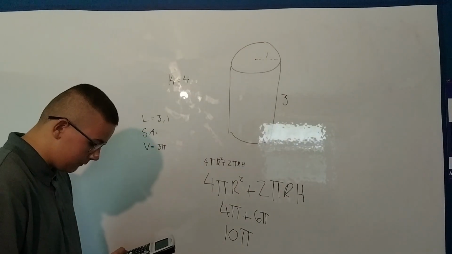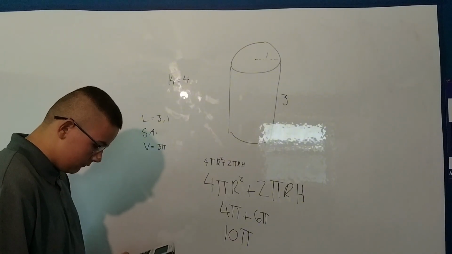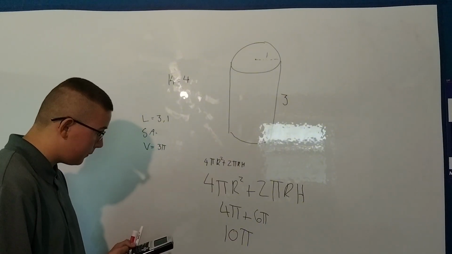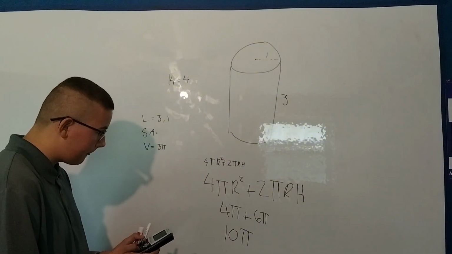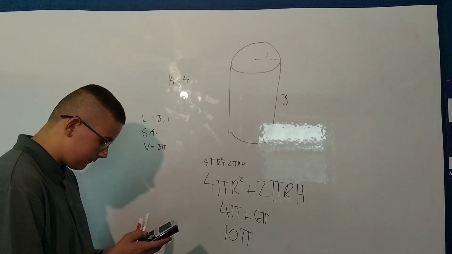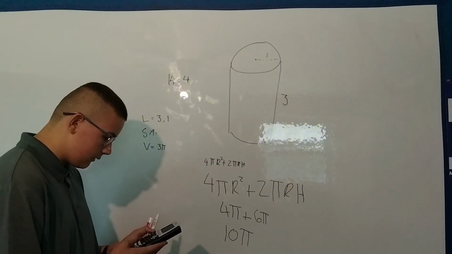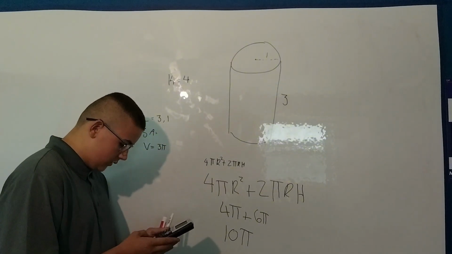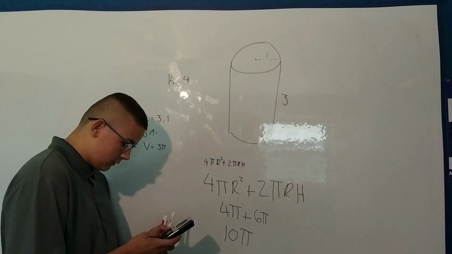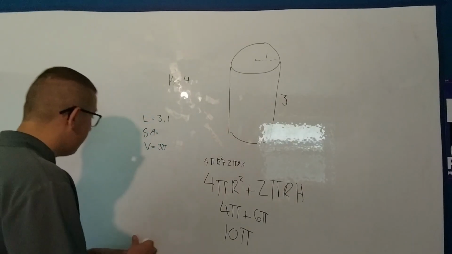Right, because if we plug in 4 pi times 1 squared plus 2 pi times 1 times 3, we get 10 pi. Yep. So our answer is 10 pi for the surface area.